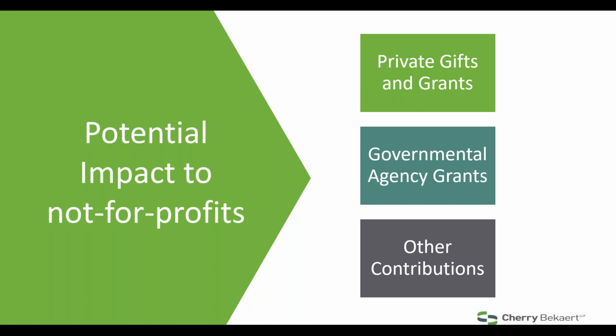But one of the things that's embedded in here is that if there's not commensurate value, so if you have a grant and the grant has been received and the government agency or the private foundation that's given the grant is not really receiving anything of value, under this new standard, those government grants and the private gifts and grants will be considered contributions, which means you follow contribution accounting.